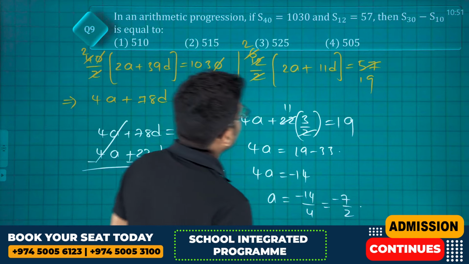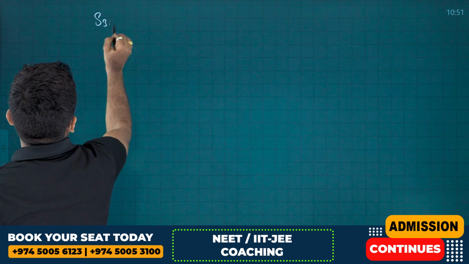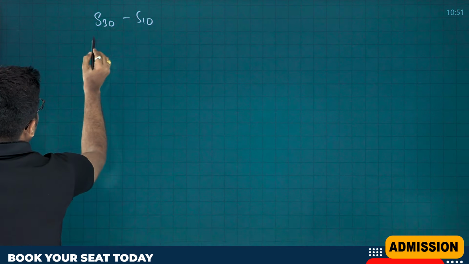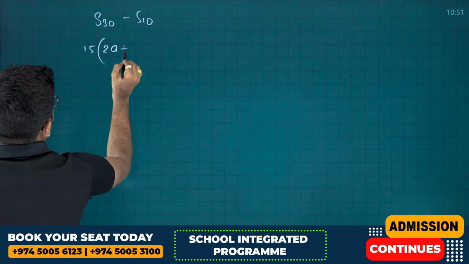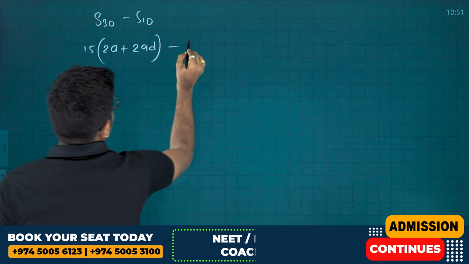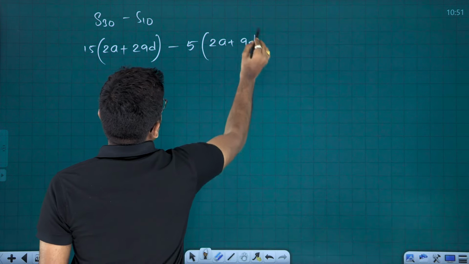Now what they are asking is S30 minus S10, friends. S30 is nothing but 30 by 2, 15 times (2a plus 29d), minus 10 by 2, 5 times (2a plus 9d).